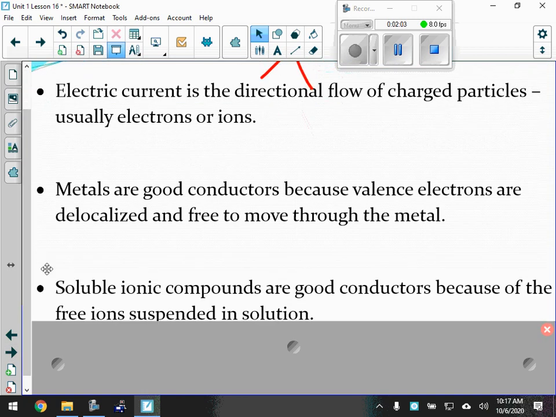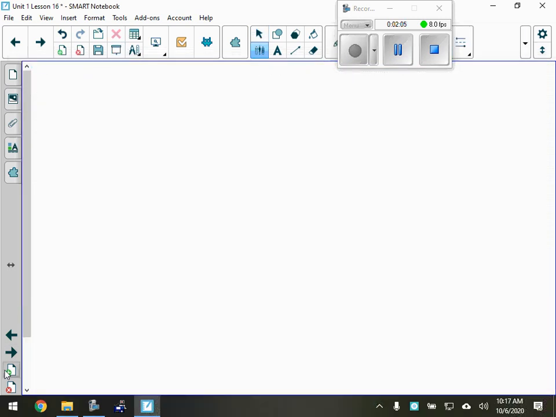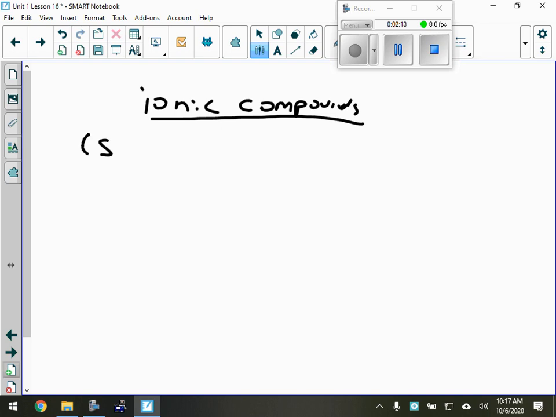Ionic compounds, we went over this. I don't know if I wrote this down well yesterday, but if you had an ionic compound in solid form, it should not be conductive. They might, but it would be very, very little.